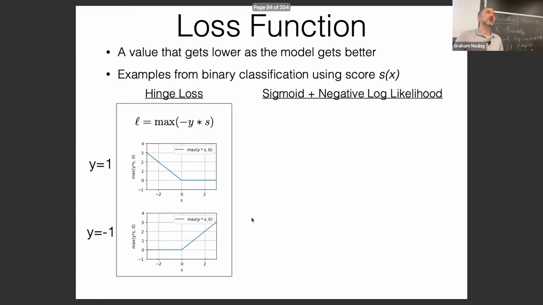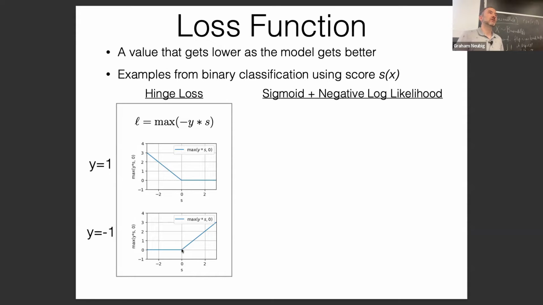The hinge loss looks a little bit like this. This is one variety of the hinge loss, the simplest variety, where if the label is 1, we have a loss if the input value x is less than 0.